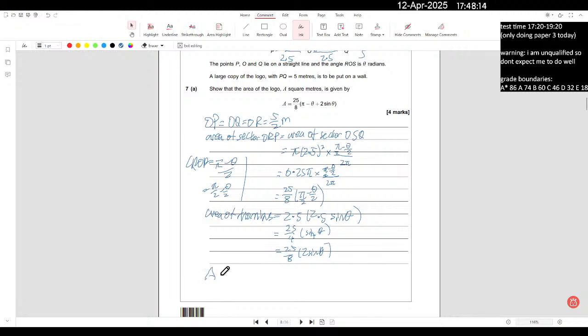Yep, so A equals 2 of that first area plus that second area, which is what they want.